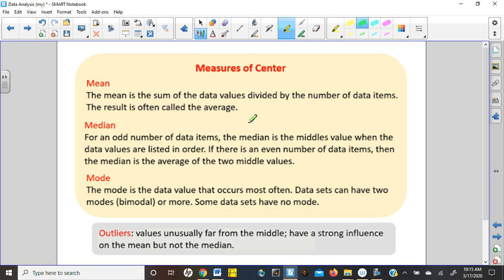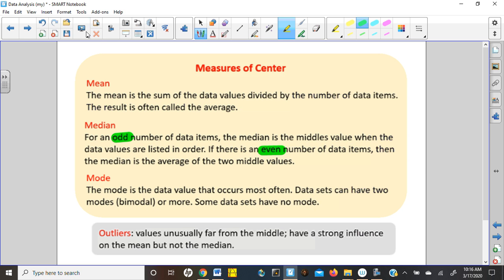The median is where we put the data in order, and then we determine which element is the middle of the elements. If there's an odd number, there will be exactly one middle number. If there's an even number, there will be two middle numbers. We're going to have to divide those by 2 to determine the median.